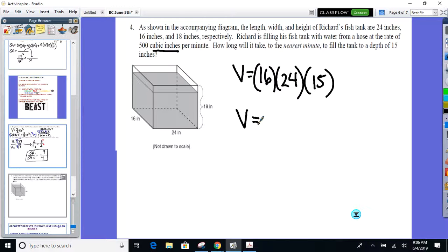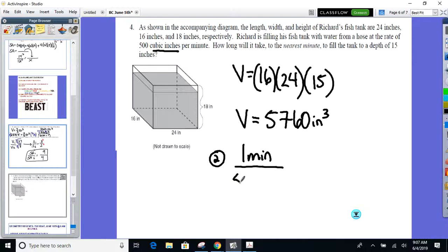So the volume here, 5,760. Better be right, Ella. Cubic inches. All right, so here we go. One last time. What do I do with that 500? And I don't want to guess if it's multiply or divide. I can just set up a quick proportion here that says, all right, I can do 1 minute can fill up 500 cubic inches.